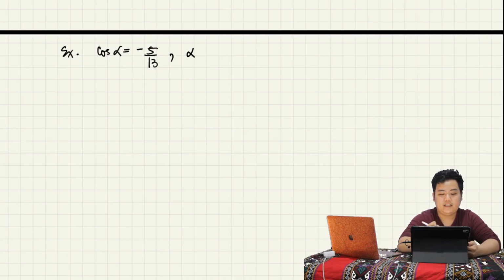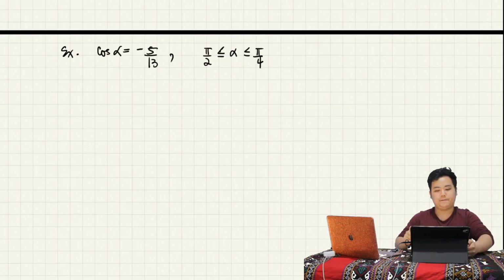So, magbigay tayo ng restriction that alpha is, sige, ibahin natin. Alpha is between pi over 2 to pi over 4. Okay.